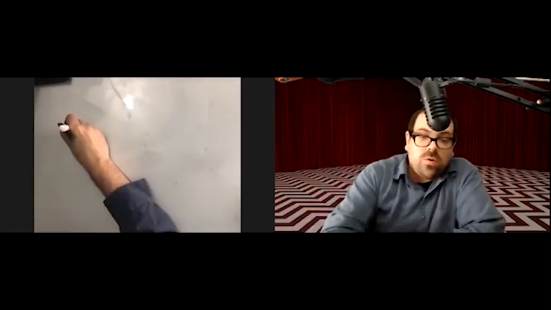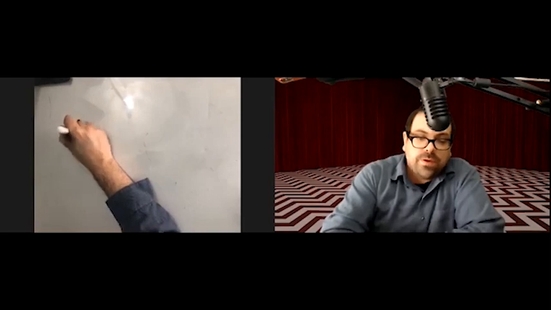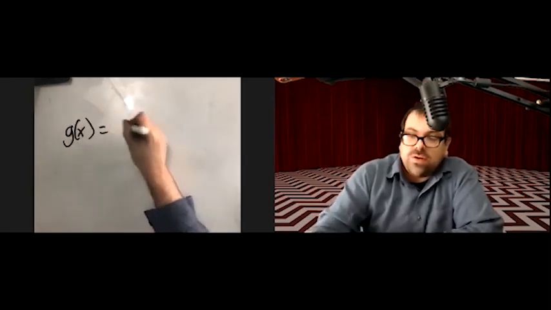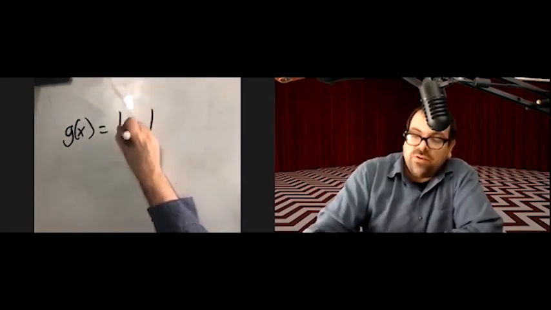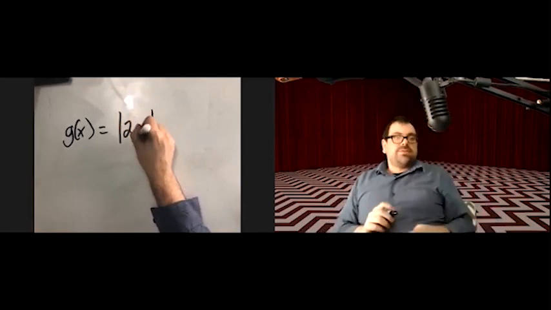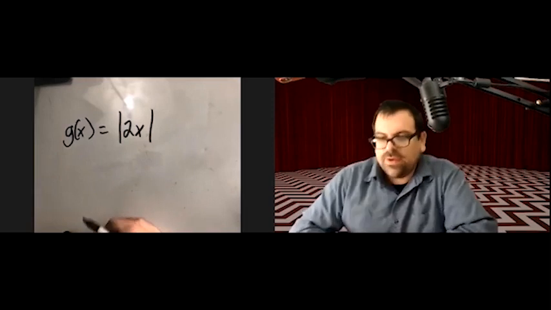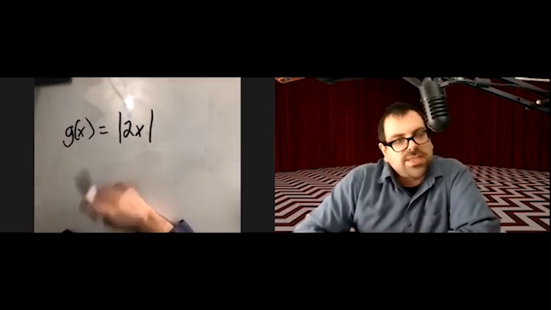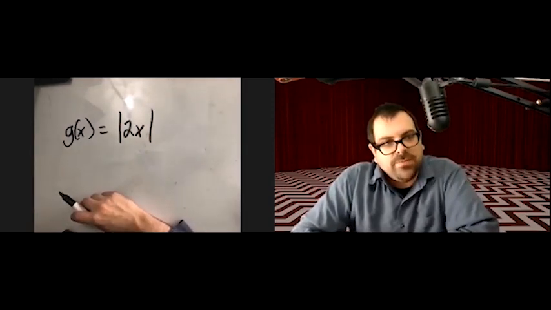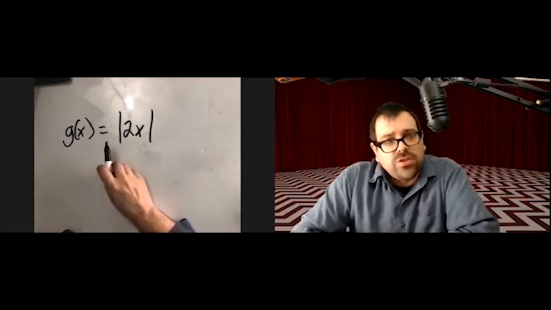So let's take a look at this graph. g of x equals the absolute value of 2x. My hand froze. There we go. So now instead of the 2 being outside, the 2 is inside. When the 2 was on the outside, it was a vertical stretch.